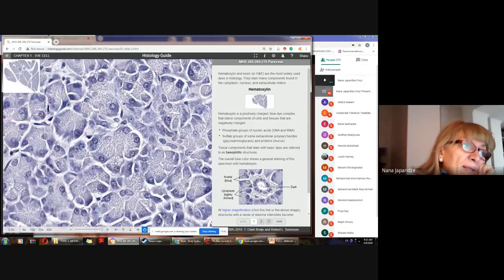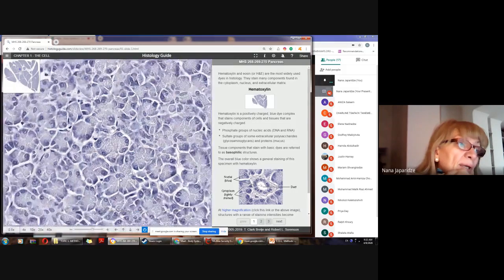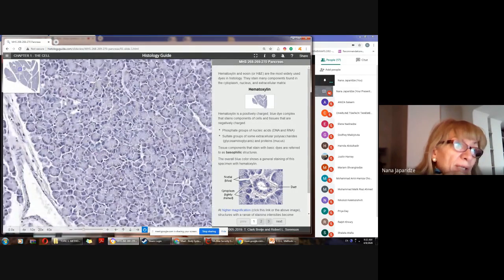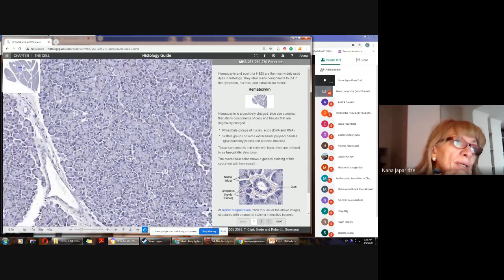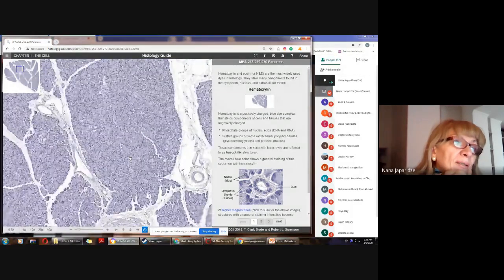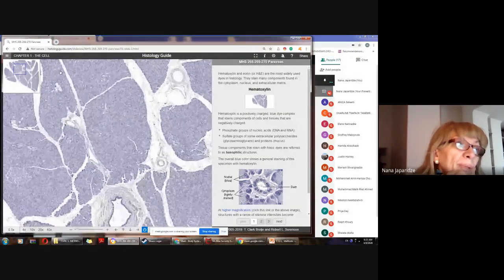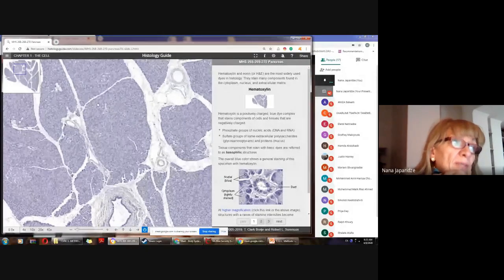And here are the secretory granules and secrets which are synthesized by these cells and then released outside. Okay, so this is small magnification. When we use this small magnification, we can see quite a big part of tissue, so the field of vision is quite big.